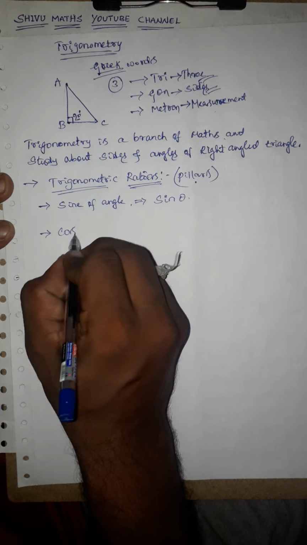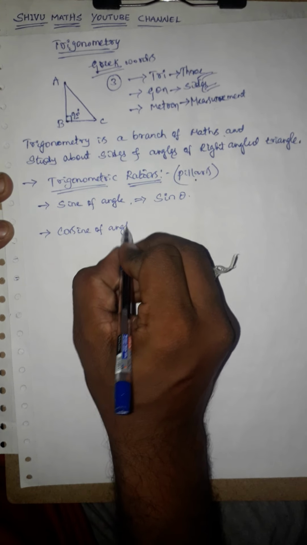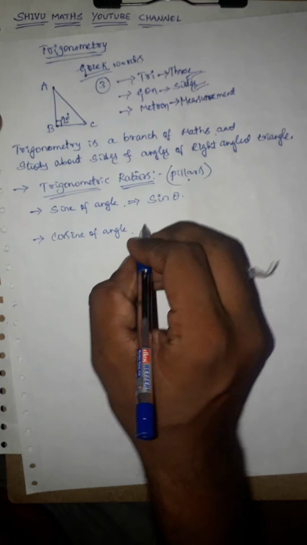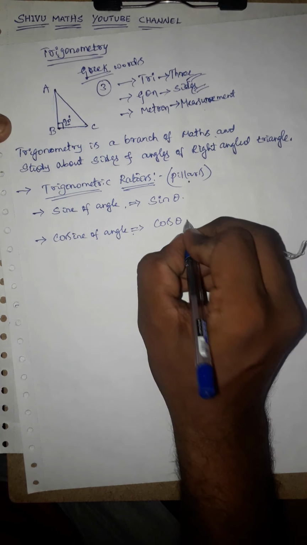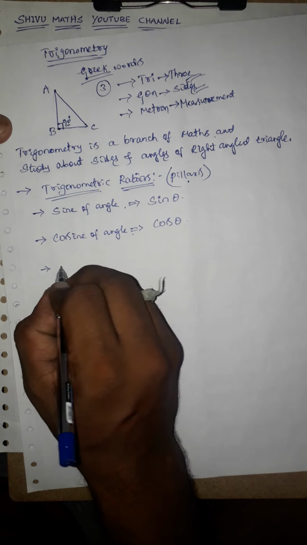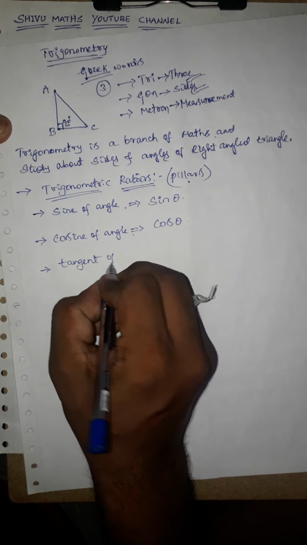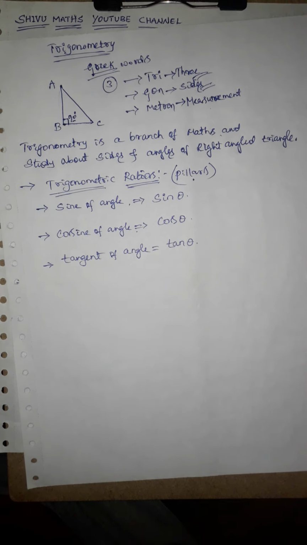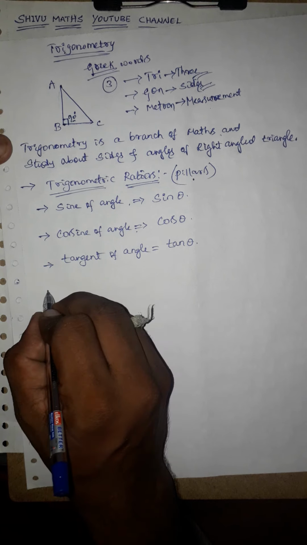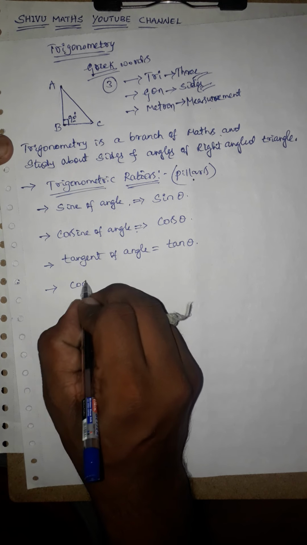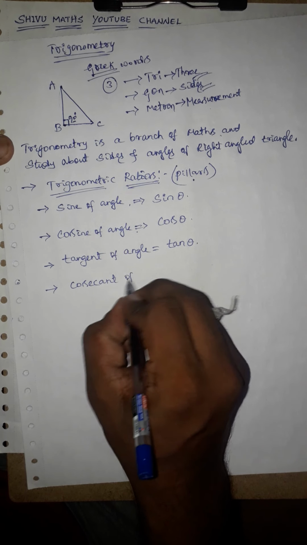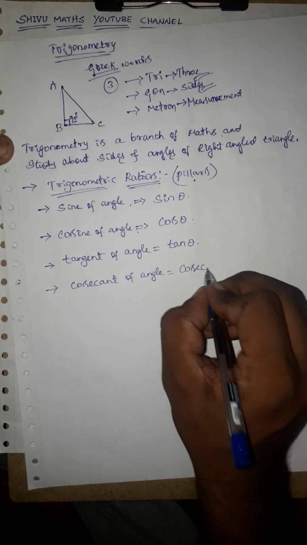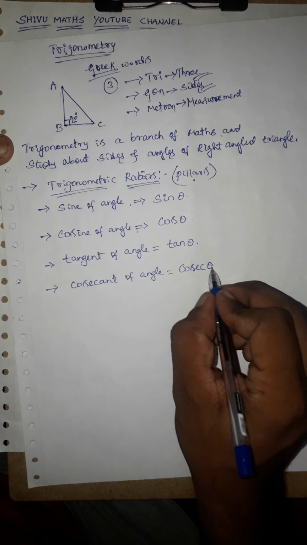The second one is cosine of angle, abbreviated as cos theta. The third one is tangent of angle, abbreviated as tan theta. The fourth one is cosecant of angle, abbreviated as cosec theta, read as cosecant theta.